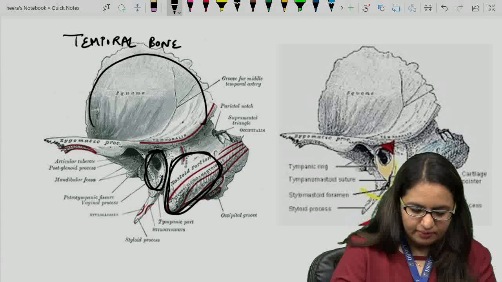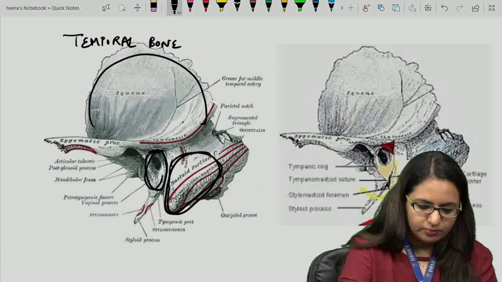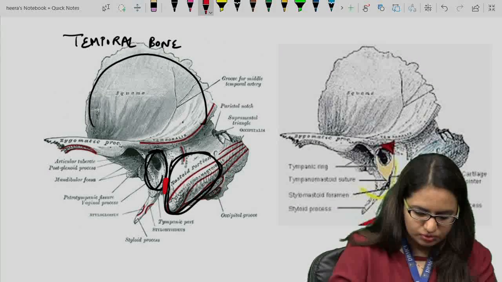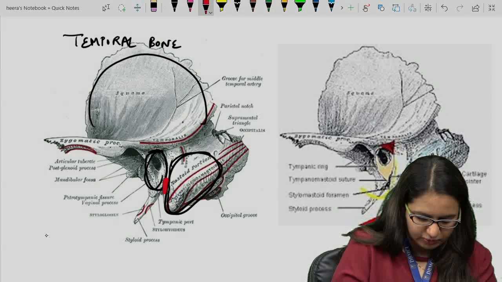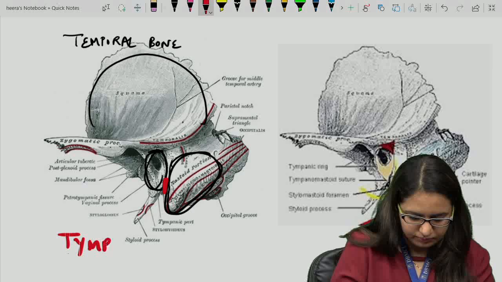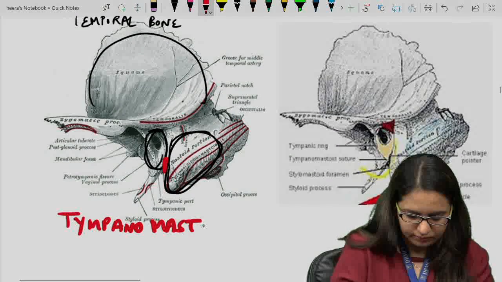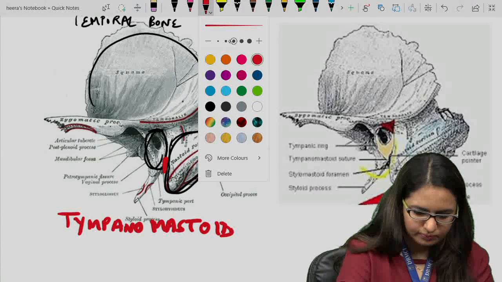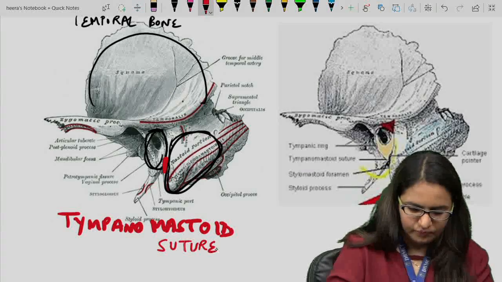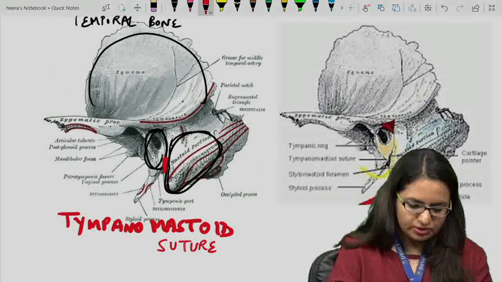In between the tympanic component and the mastoid component, there is a suture known as the tympanomastoid suture. So this is the location of the tympanomastoid suture.